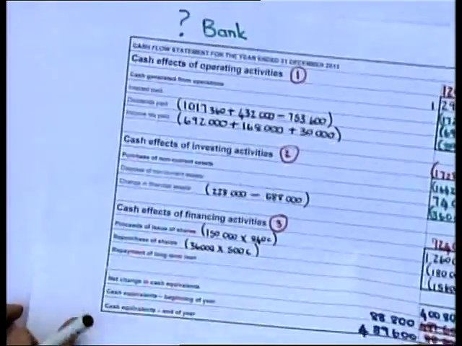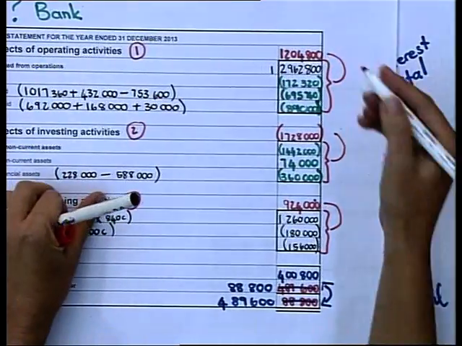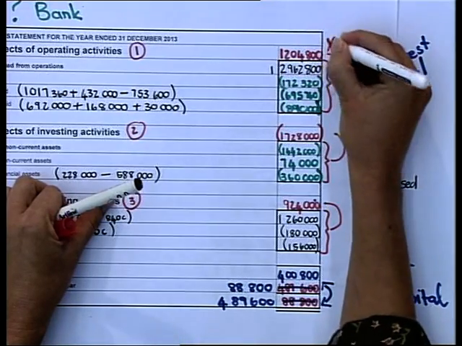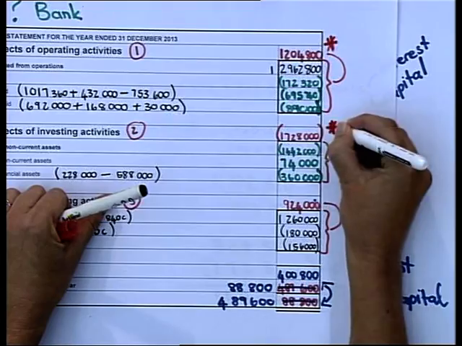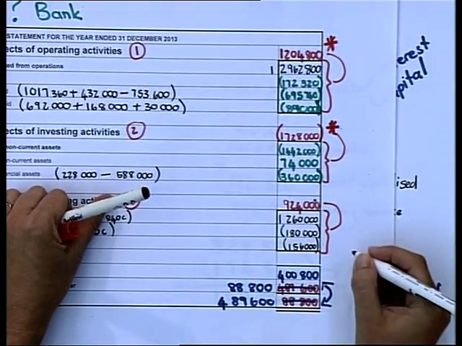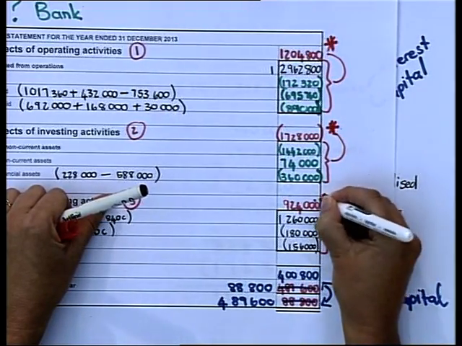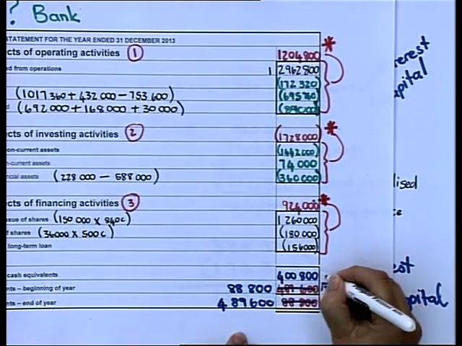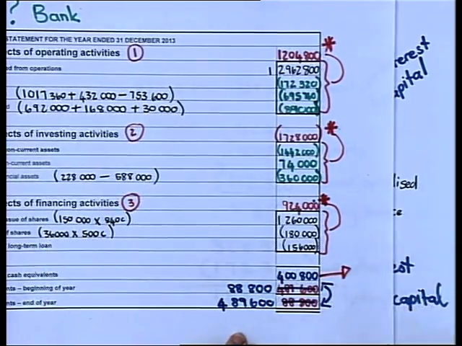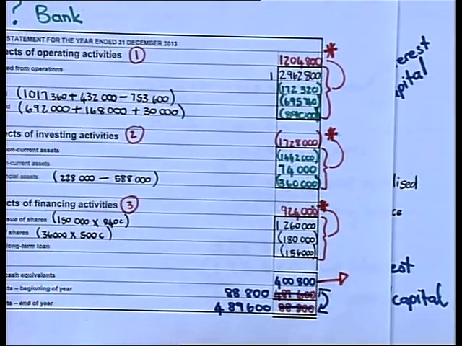And now, you ready for the magic? If you take this and you add that, obviously the minus figure, and you add that, then you're going to get to the net change of 400,800.